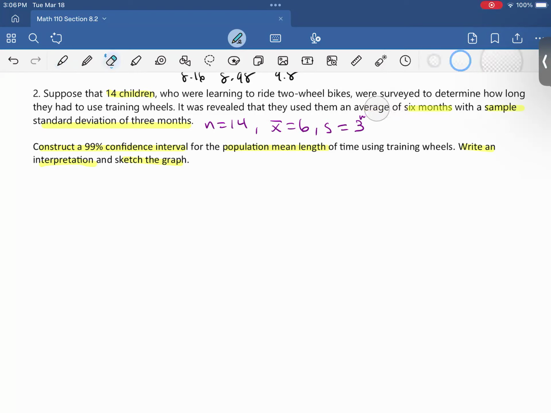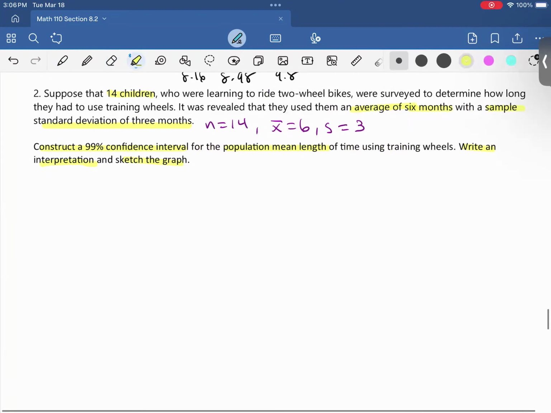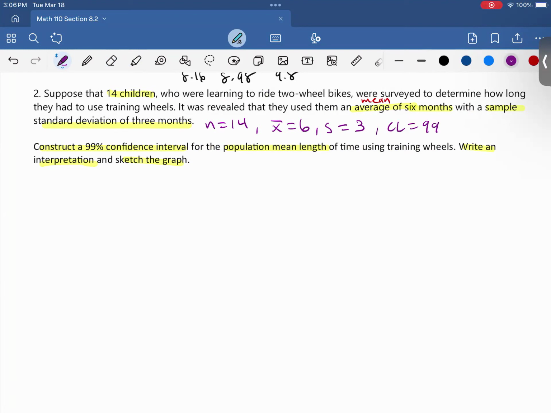Let me rewrite where it says mean, in a different color: average, the same thing as mean. And we just have a confidence level of 99%.